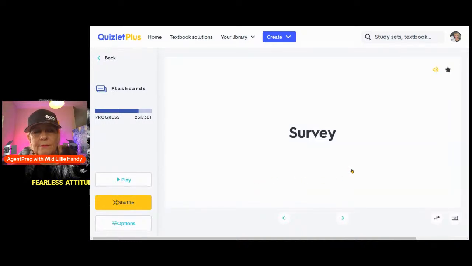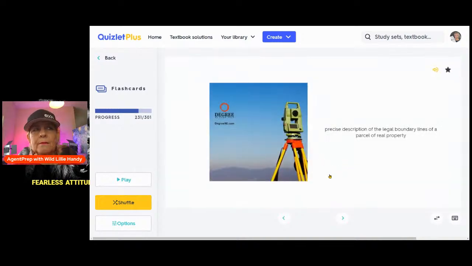Survey. What is a survey? See the engineer equipment, precise description of the legal boundary lines of a parcel of real property. Okay, and sometimes they can check the elevation of the property to make sure you're above a flood area. If you're on a hill or something like that, they want to know the elevation.